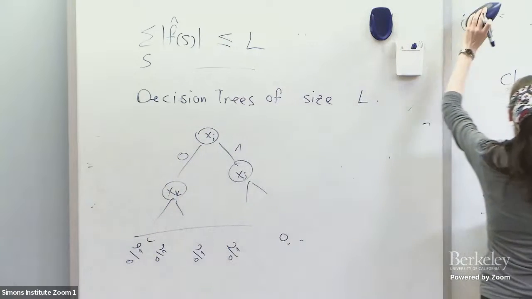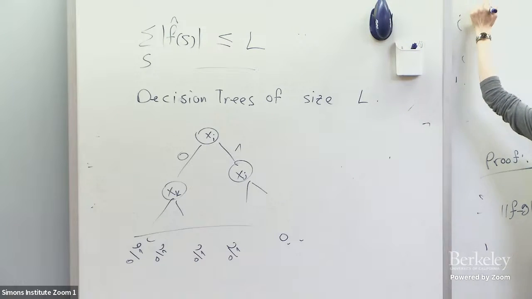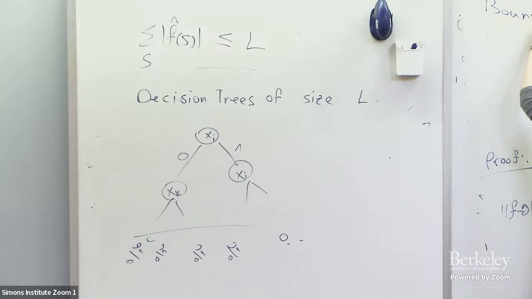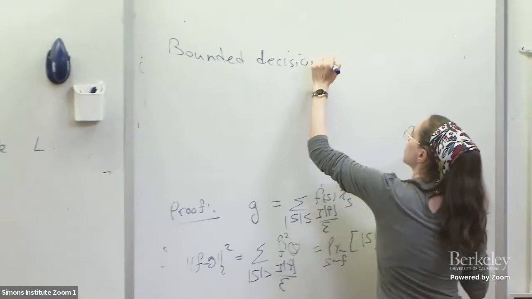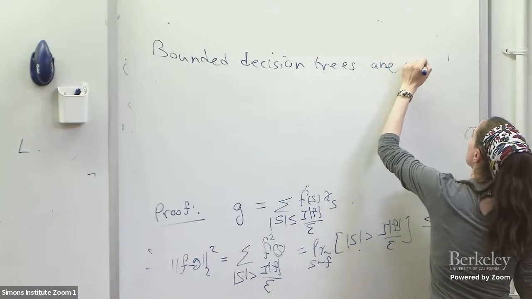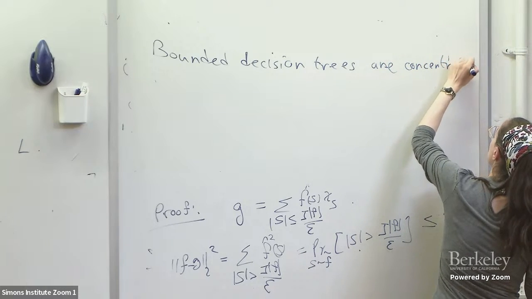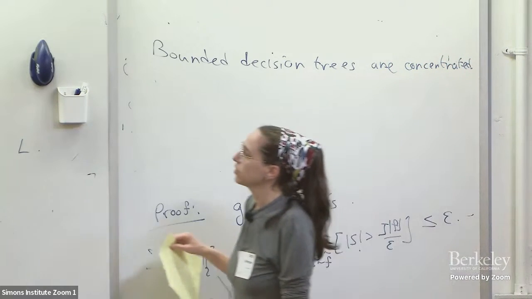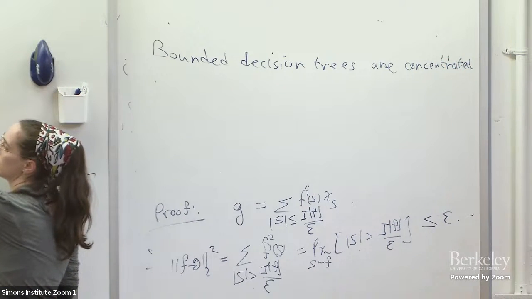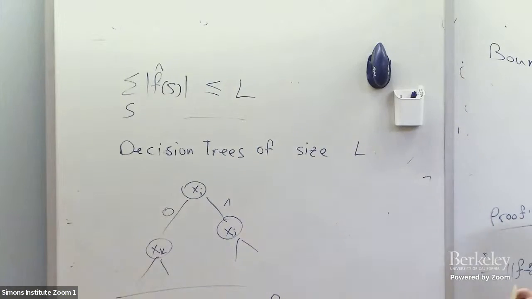So for example, this is going to be interesting for decision trees, which are bounded and concentrated. How can we see it? Let's see how many Fourier coefficients larger than mu we can have.